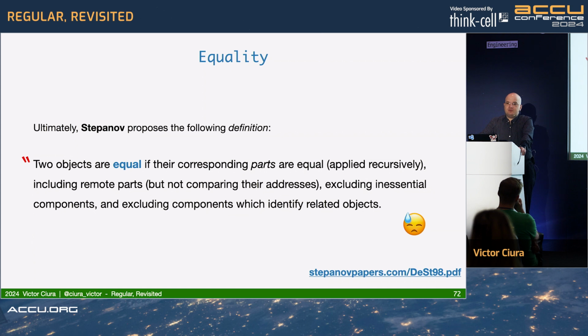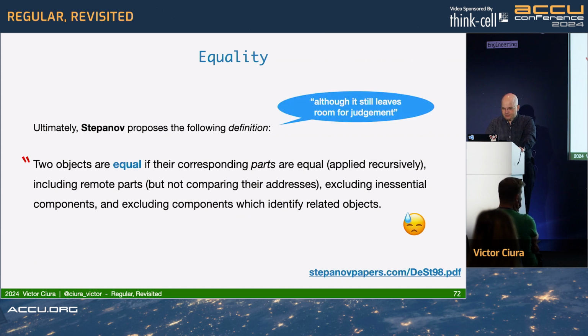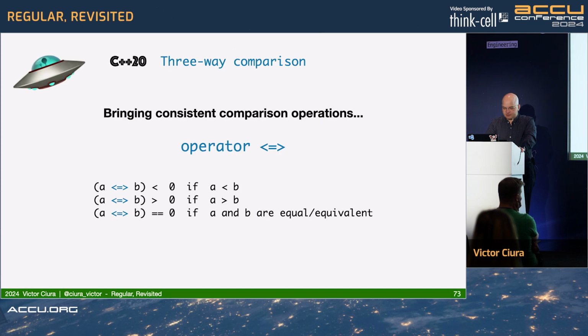Think about some kind of unique identifier or some caching thing or some remote part of that object, some remote observer or trigger that's not semantically part of that object, but happens to be in there just for housekeeping reasons. Again, not a sign of great design. So yeah, even Stepanov's definition is sort of hand-wavy.